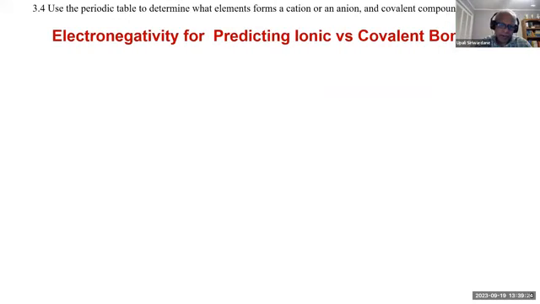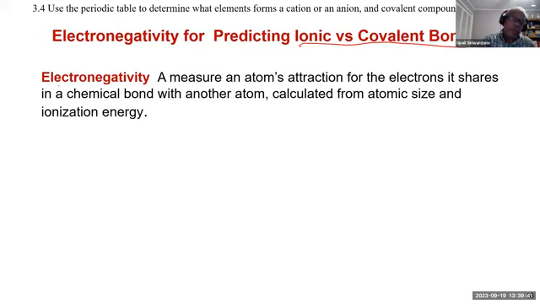Now, we're going to explain a little bit more about how ionic bonds or covalent bonds are formed between 2 elements. The idea Linus Pauling came up with is electronegativity. It has been used to predict whether two atoms will make a bond between two elements, whether the bonding is going to be ionic or covalent.